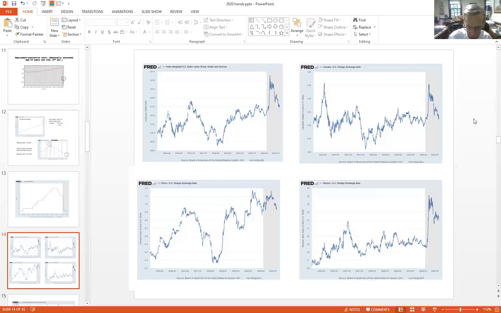If we go to the lower left chart, we see the exchange rate with the Chinese yuan. And over the past several years, it took more yuan to buy a dollar, got up to about 7.2 yuan to the dollar, and now it's down to about 6.9 yuan.